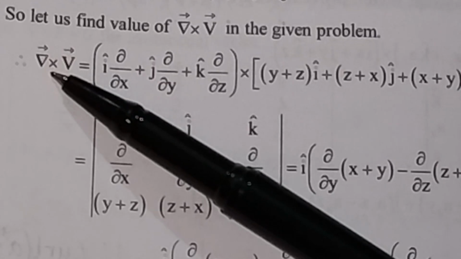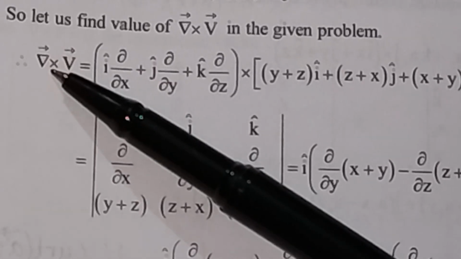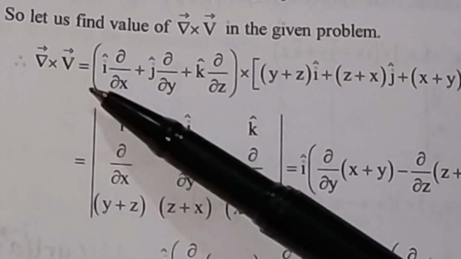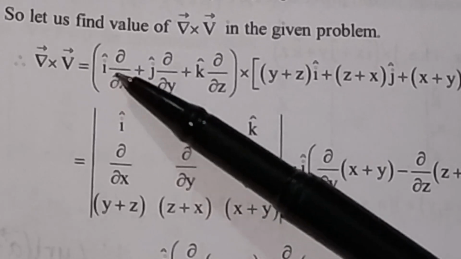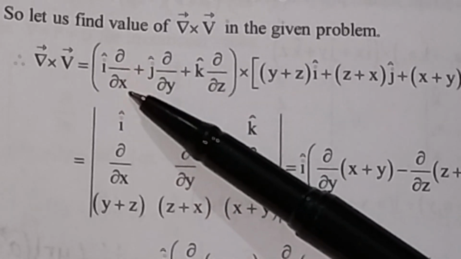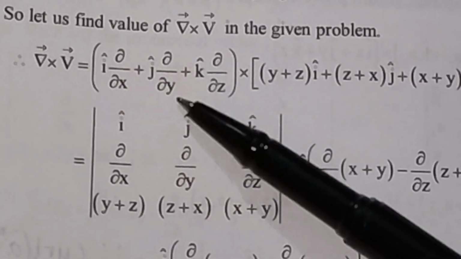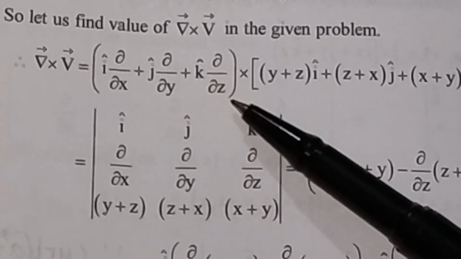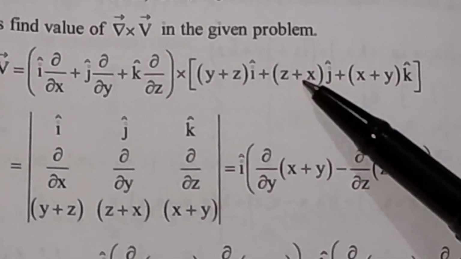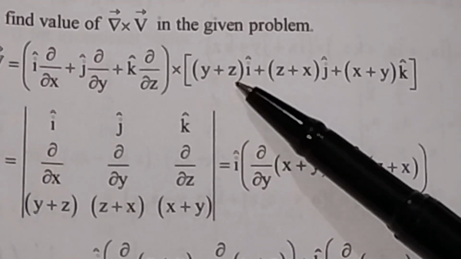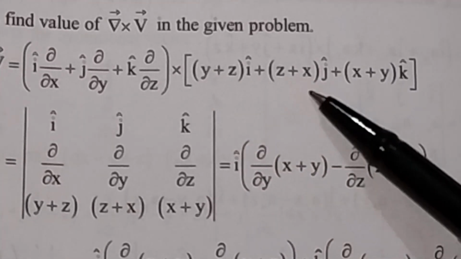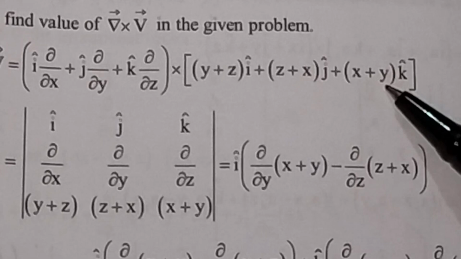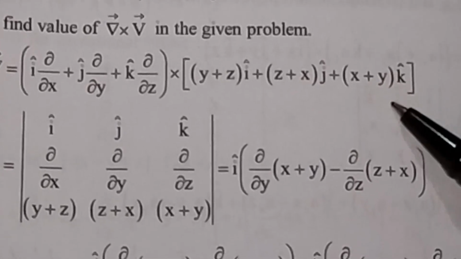The del operator is i cap partial derivative with respect to x plus j cap partial derivative with respect to y plus k cap partial derivative with respect to z, and the velocity vector is given as (y plus z) i cap plus (z plus x) j cap plus (x plus y) k cap.